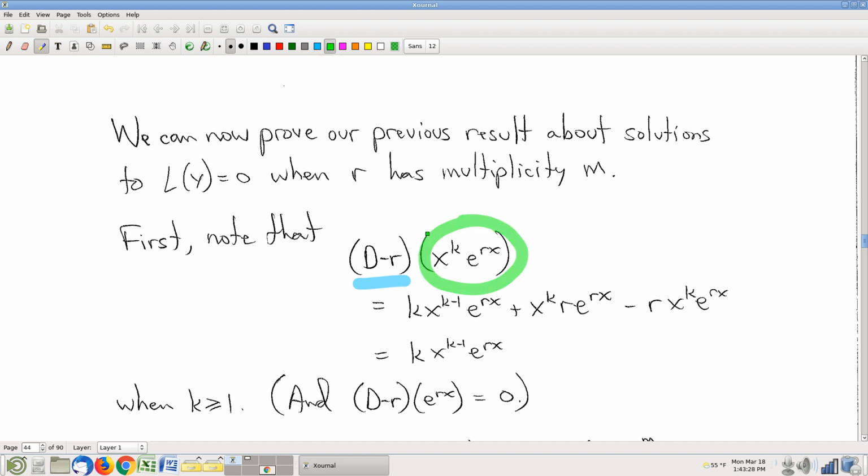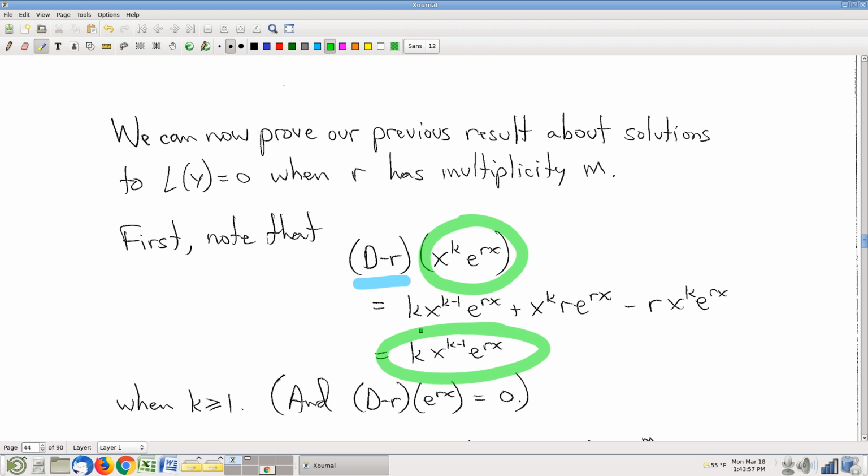The answer is that D minus r takes functions that look like that and produces functions that look kind of the same, with two slight edits: the power of x goes down by 1, and there's some constant out front. So a shorthand way to say this is that what D minus r does to functions of this form is it kills one copy of x.